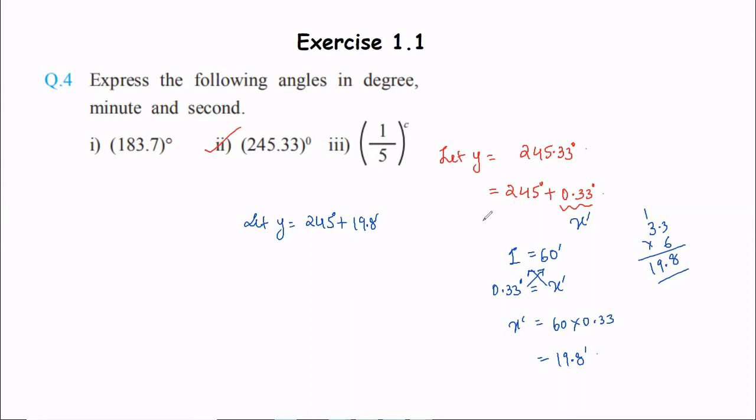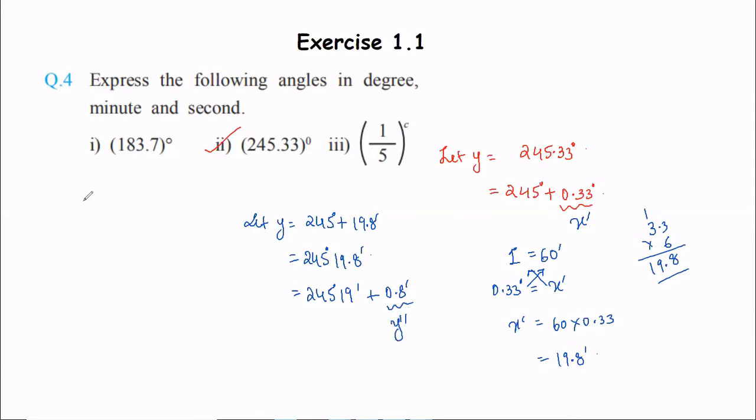But now I need to convert 0.8. So we will keep it as 245 degrees, 19 minutes plus 0.8 minutes. We need to convert 0.8 into seconds now. Assume it to be y seconds.